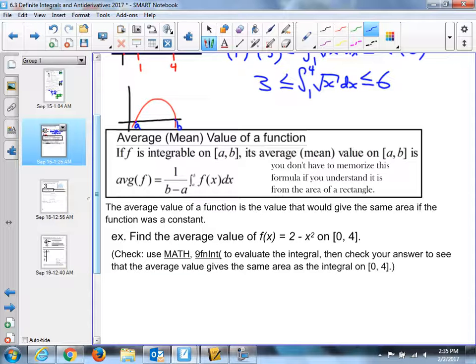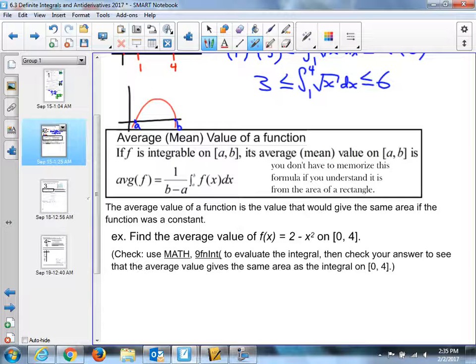I'm going to take the integral of that. When you take the integral of something, what do you find? The area. And what this is asking you for is the average height. Whatever this area turns out to be, I didn't tell you what the function is, so I don't know what it's going to be. You could make a rectangle of a certain height with the same base that will give you the same area. Do you guys follow that?